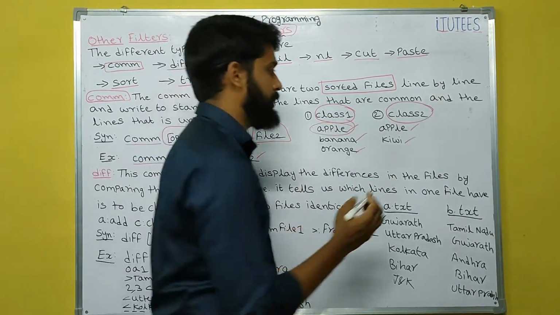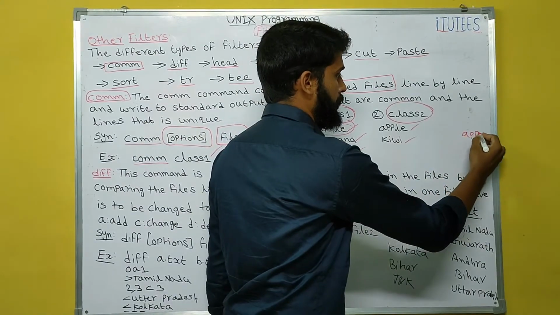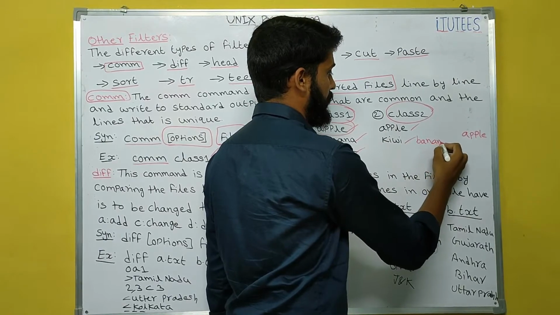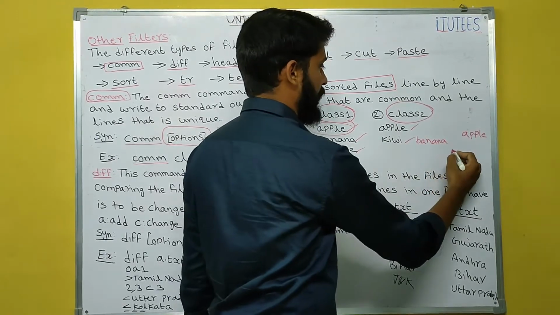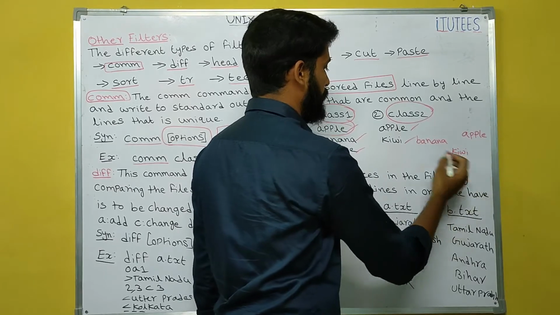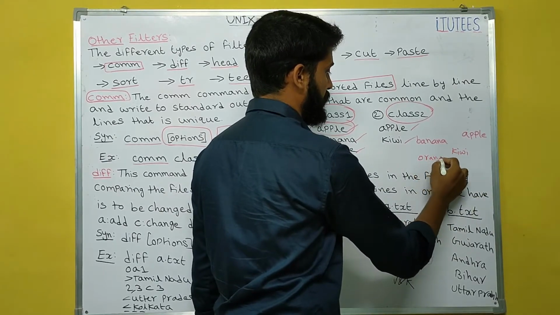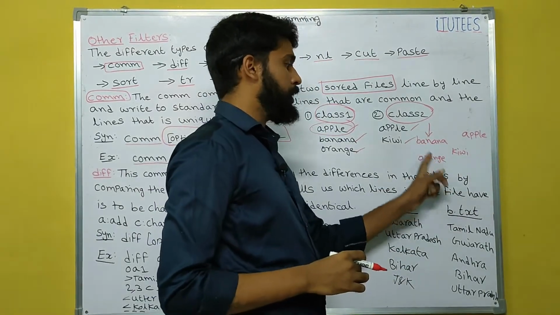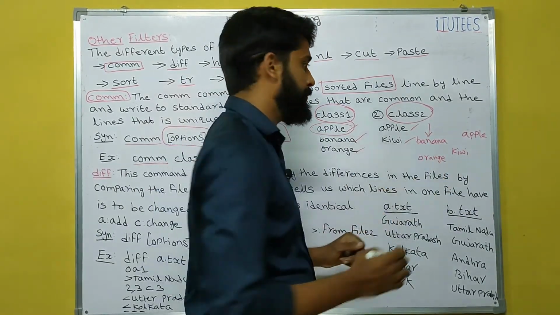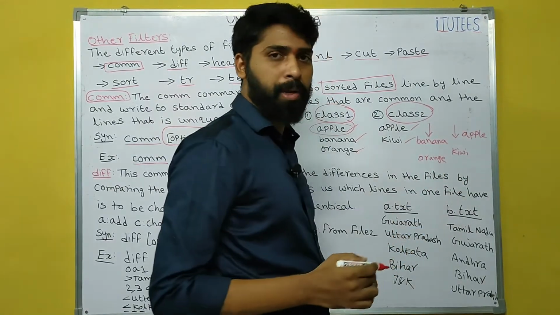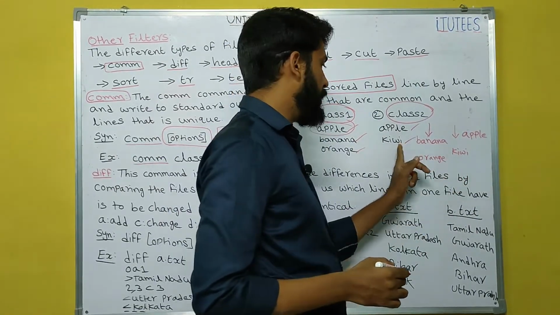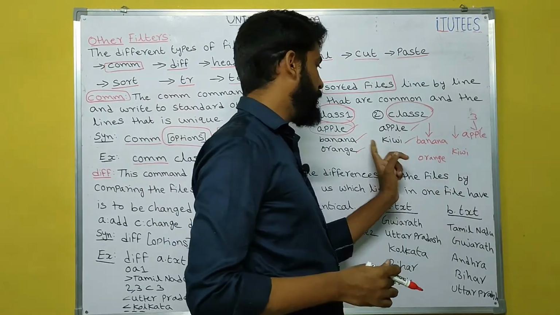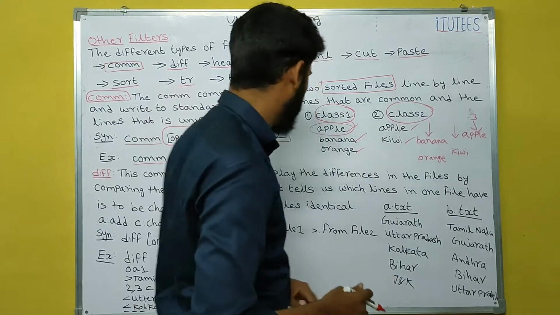So it displays like this: apple is common to both the files, banana is unique to file 1, kiwi is unique to file 2, and orange is unique to file 1. That means the first column represents all the unique lines related to file 1. Column 2 displays all the lines unique to file 2. Column 3 displays all the lines common to both files.